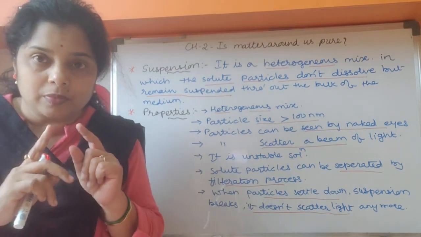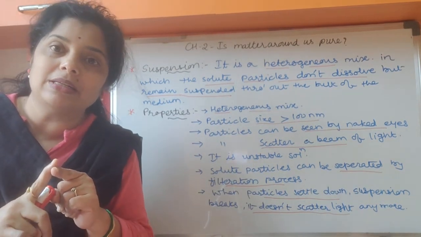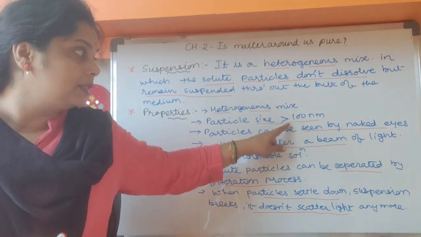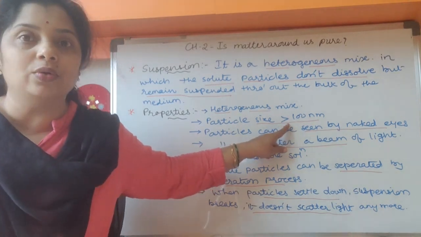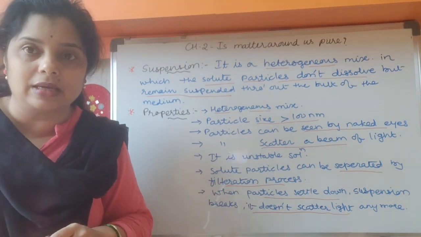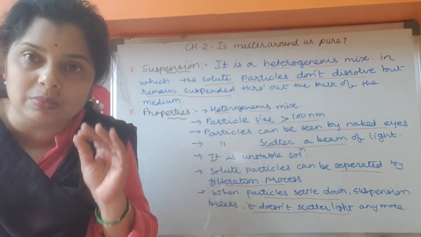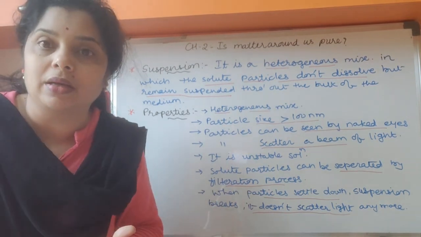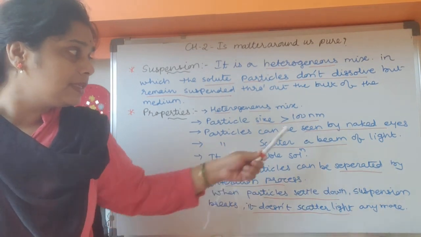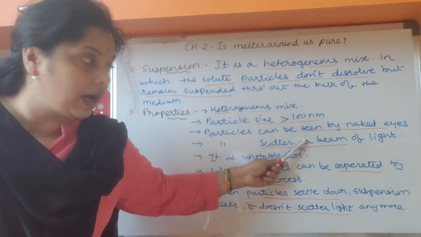In a homogeneous mixture, what was it? The particle size was less than 1 nanometer, and here it is greater than 100 nanometer. Then, the particles can be seen by naked eyes; we can see the particles without using a microscope.